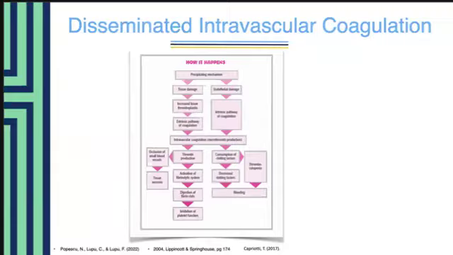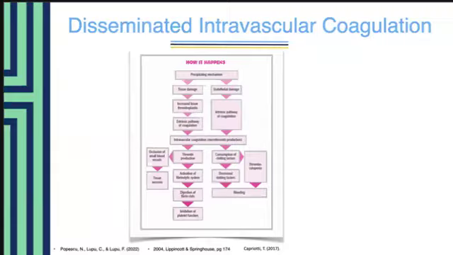So DIC, we know, is a life-threatening condition where the body's blood clotting mechanisms are abnormally activated. So that leads to that widespread clotting and depletion of clotting factors and platelets. The underlying pathology of DIC involves excessive thrombin generation, leading to that widespread microvascular thrombosis and subsequently that consumption of platelets and clotting factors.